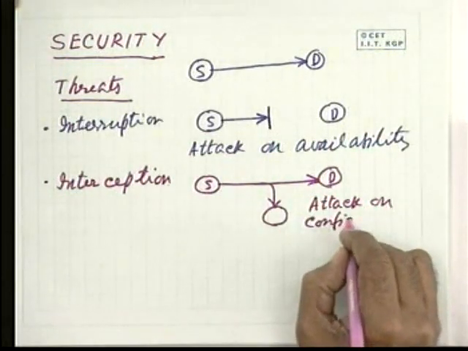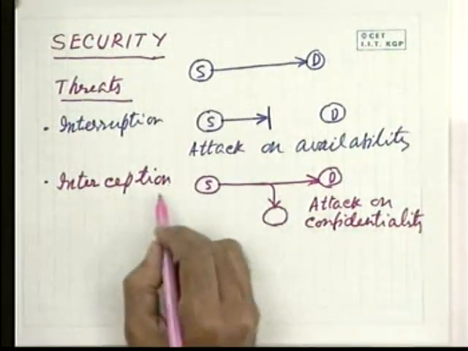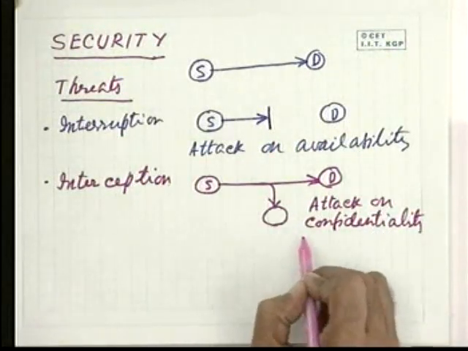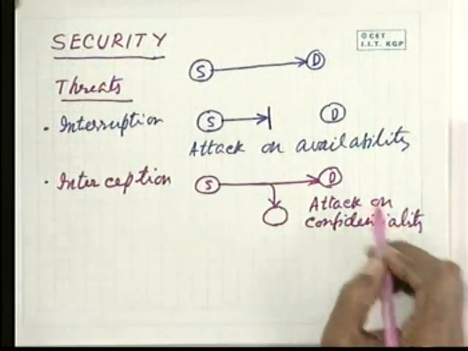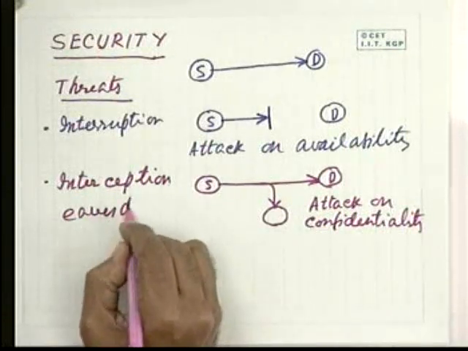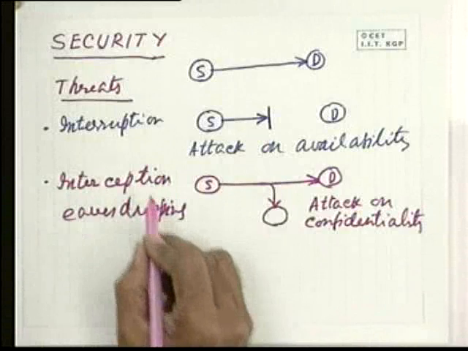You want your information to be confidential, but because of this interception, there is an attack on confidentiality. This is somewhat similar to wiretapping, telephone tapping or eavesdropping. That means the information you are sending is supposed to be confidential, but it is being monitored by a third party, and that is undesirable. This is the second type of threat.